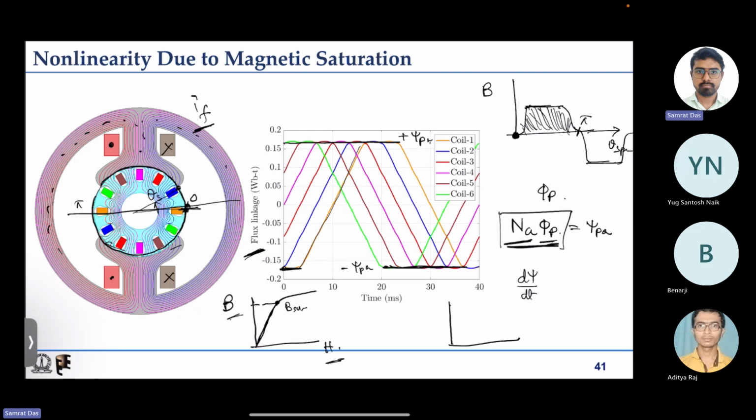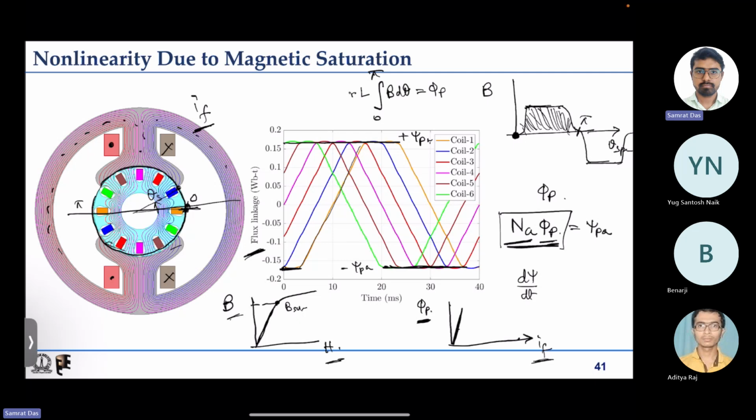So we have this flux per pole, which is nothing but the integration from 0 to pi of B(t, theta), so that is basically some scaled version of flux per pole. If we multiply it by the area also, some radius into some axial length, then we will get the flux per pole. So if the field current is lower, the field current and flux per pole are linearly related, so they increase linearly.